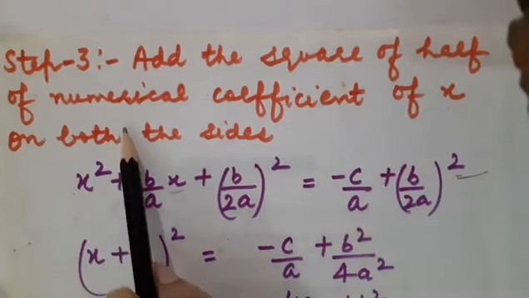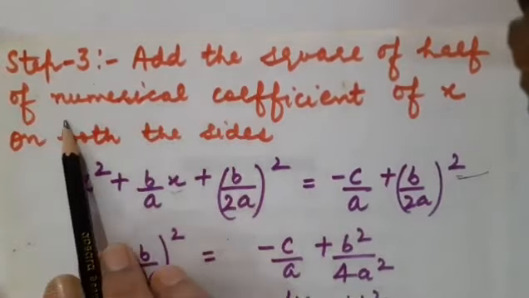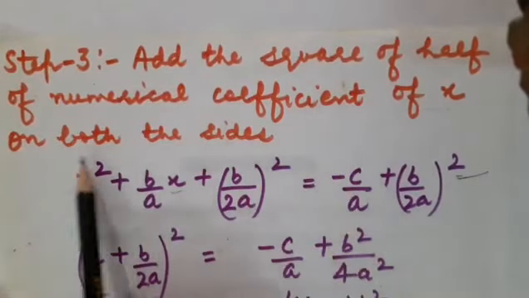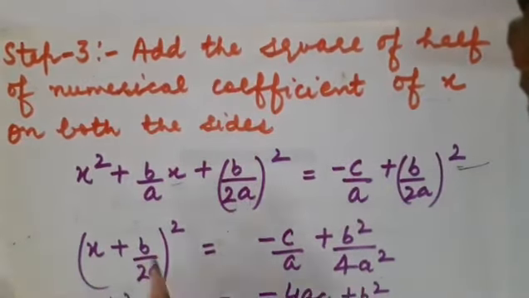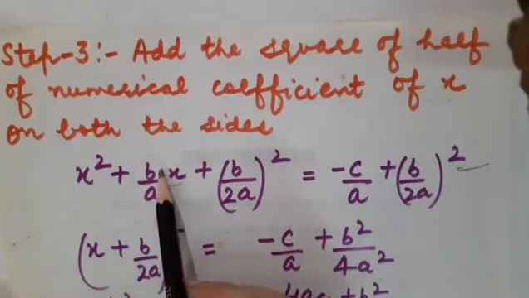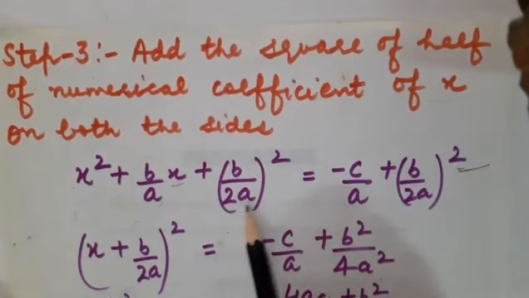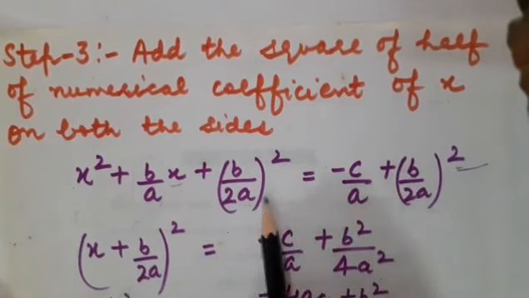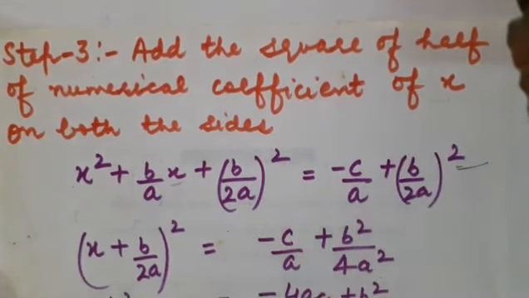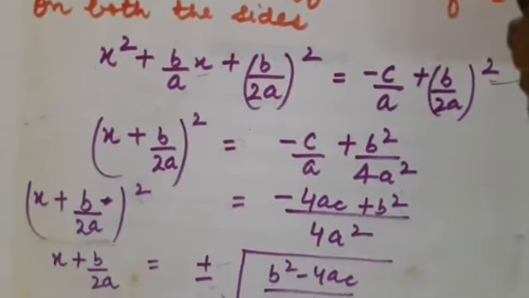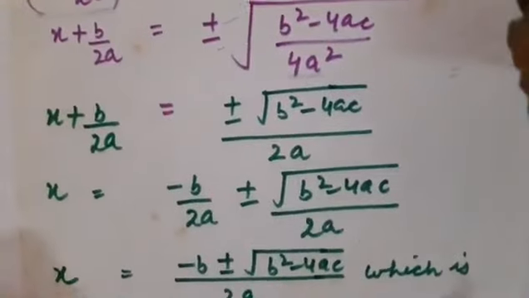And the third step was add the square of half of the numerical coefficient of x on both the sides. Fine, this is b upon a, the numerical coefficient of x. I made its half, so I got b upon 2a and its whole square was added on both the sides. So after simplifying the complete expression, children, I just reached the quadratic formula.